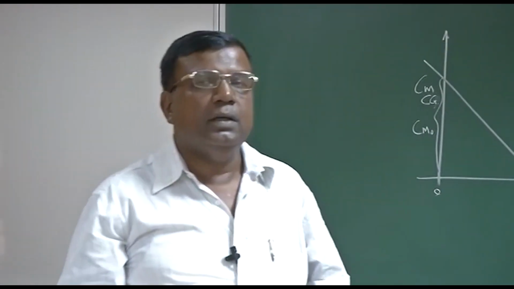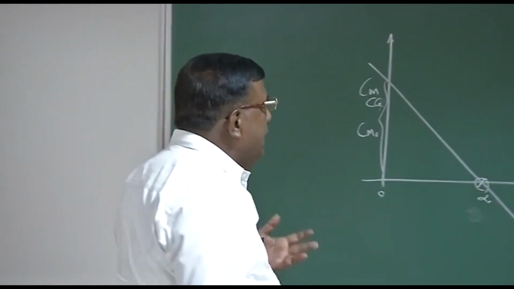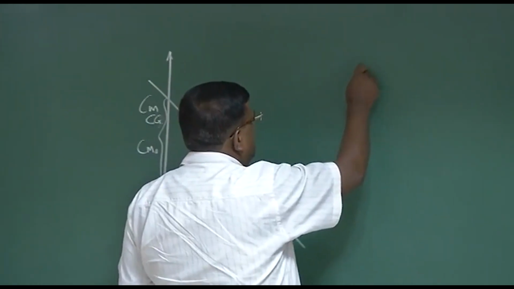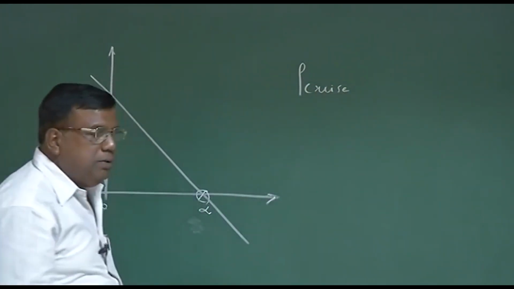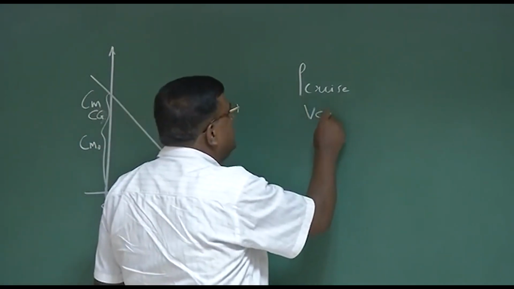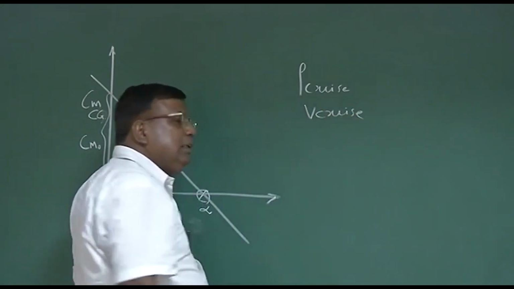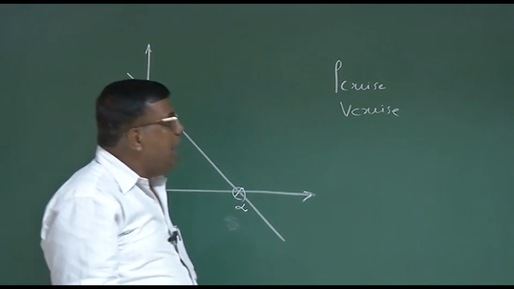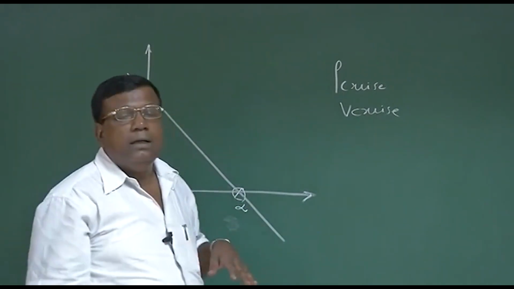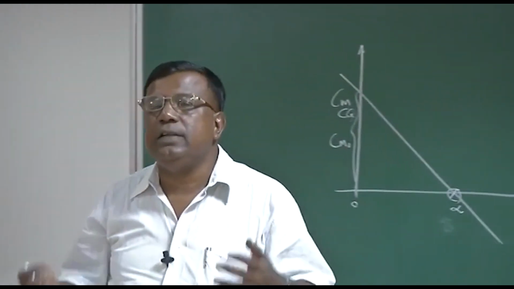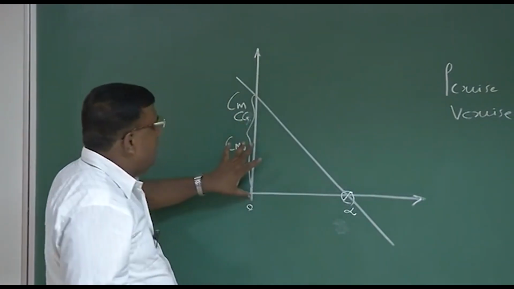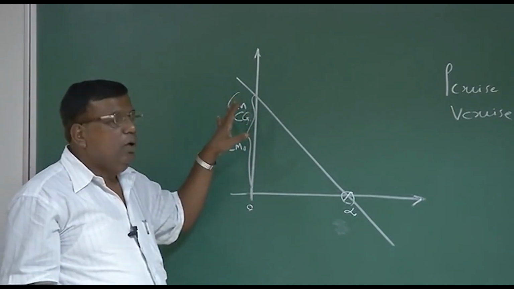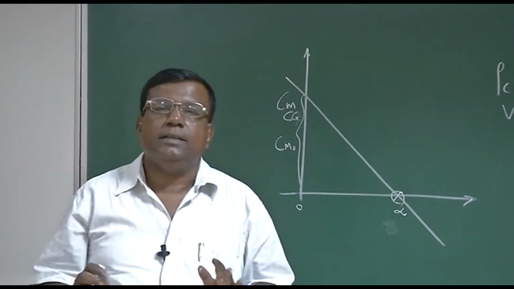So if it is for a cruise, then at cruise altitude, which is pre-decided, at a cruise speed, V cruise, which is again pre-decided in the design stage itself, you would like the airplane wing and tail to be laid out in such a way that automatically it should be able to generate this Cm naught at alpha equal to 0 without deflecting the elevator.